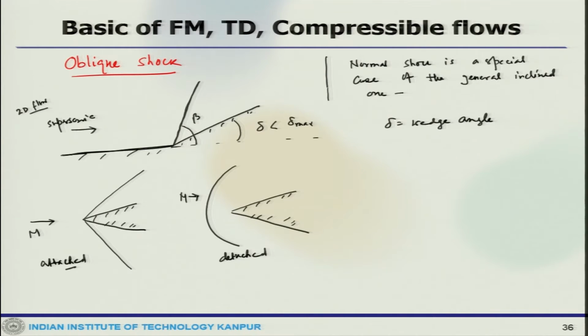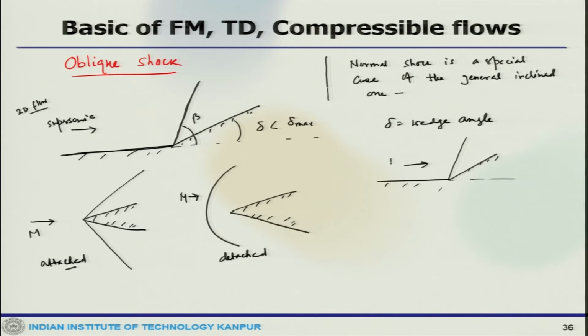So, that means when the supersonic flow has this kind of object sitting in the flow field, then for the upstream supersonic flow, either you can have this kind of attached shock, or you can have a detached shock, but these are obviously not perpendicular to the flow field. So, these can all be clubbed together and called oblique shock. Now, there could be other possibilities, like another wedge shape situation where the shock could be like this.